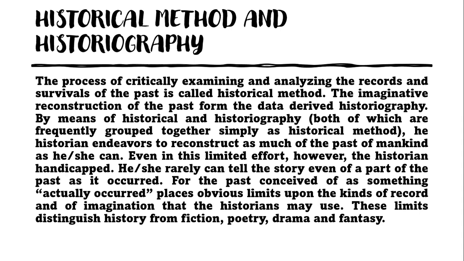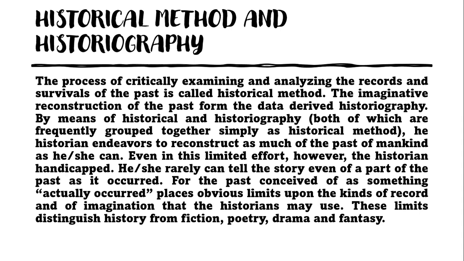So the historian endeavors to reconstruct as much of the past of mankind. So even in this limited effort, however, the historian is handicapped. He or she can rarely tell the story even of a part of the past as it occurred. So the past is conceived of as something that actually occurred.